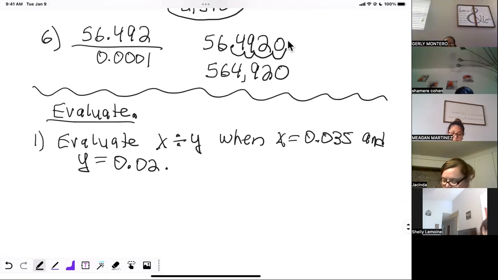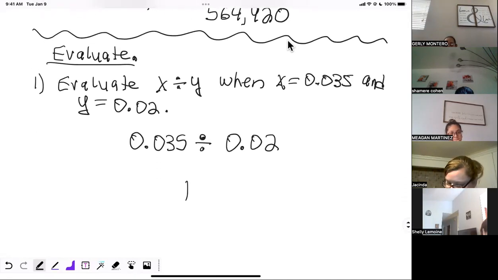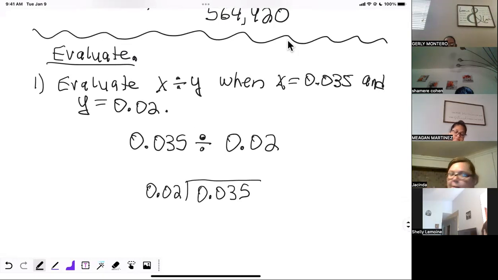So the first thing we do is we substitute our X and we substitute our Y. So X divided by Y is really 0.035 divided by 0.02. So we plug in what they give us, and then we're going to do a divide problem, just like we did before. And now we're going to set it up. 0.035, 0.02.